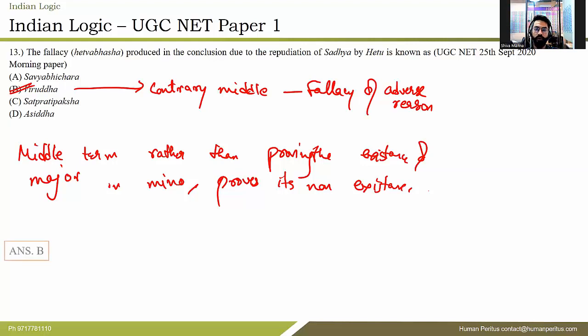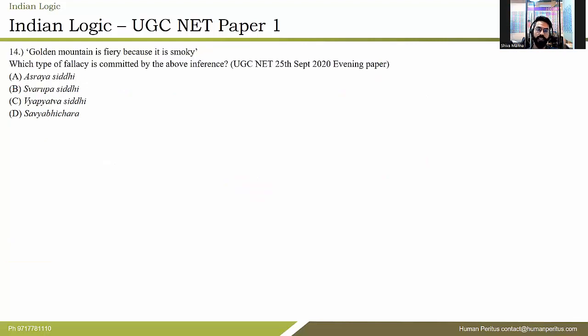Okay, moving on to the next question: Golden Mountain is fiery because it is smoky. What type of fallacy is this? Now, this question is very interesting in nature just because the first two words which they have mentioned are nothing but an illusion. Are there golden mountains? No, right? There are no golden mountains.